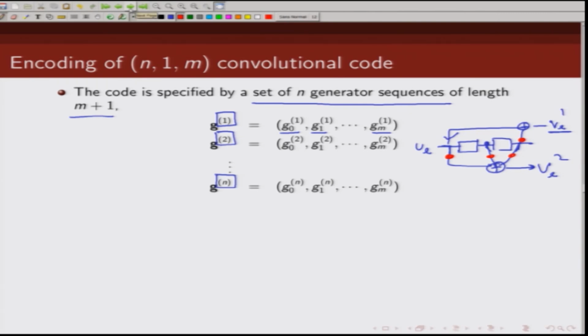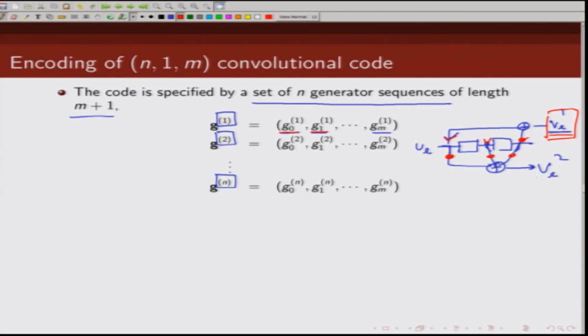So, the first output sequence is completely specified by whether ul, ul minus 1 and ul minus 2 are participating. In this example, g01, g11 and g21 completely specify what inputs are participating in generating our code sequence.